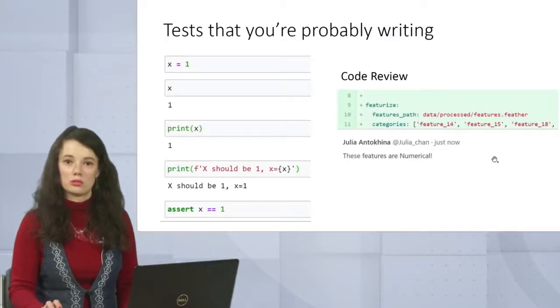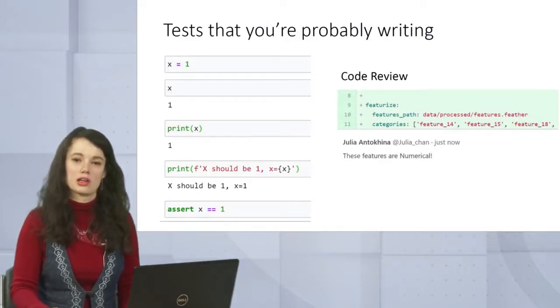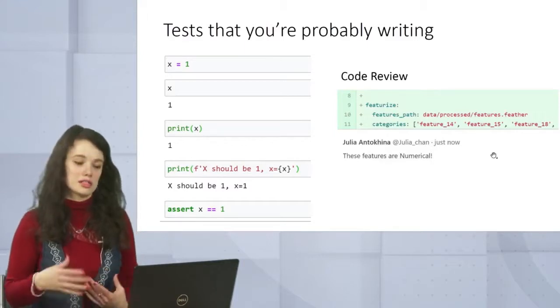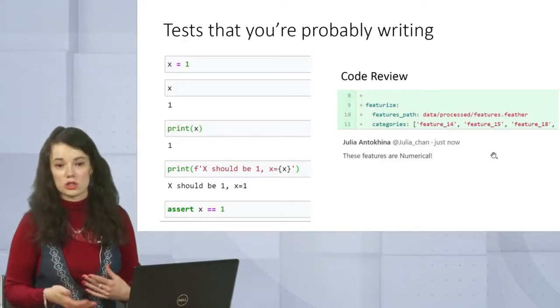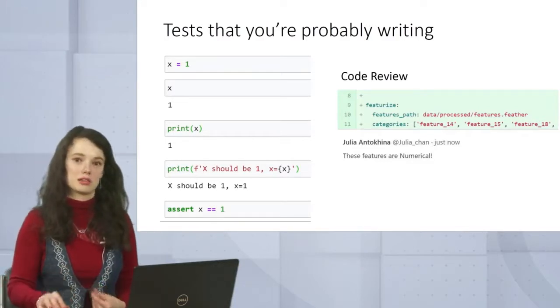First of all, probably you are doing testing right now. Maybe you are printing your variables, maybe you are making some asserts, and code review is also a type of testing. When you are finding mistakes in your coworker's code, you can write them in a code review, and this is testing.